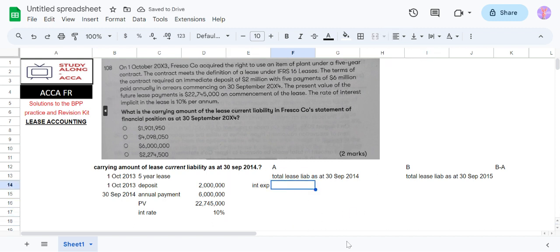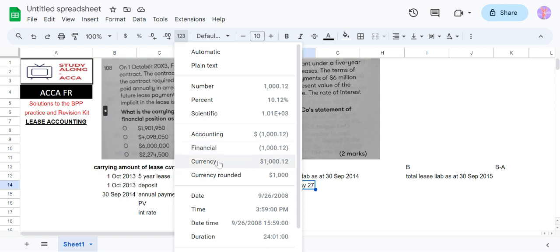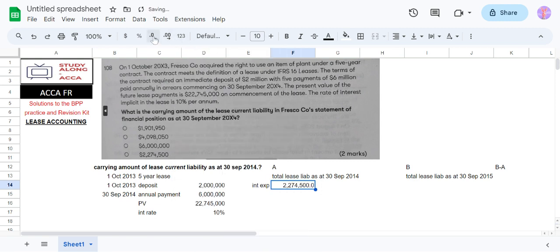So interest expense will be this present value multiplied by this 10%. Oops, it should be the accounting format. I need the financial format, and I don't need these decimals. Yeah, so this is my interest.